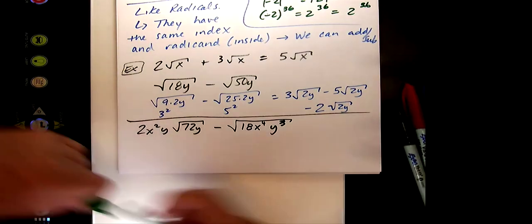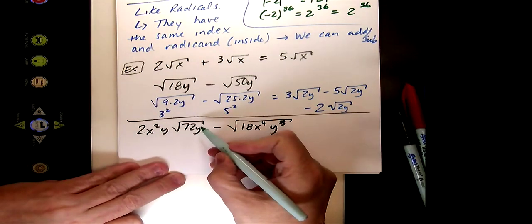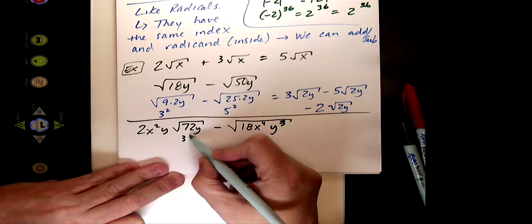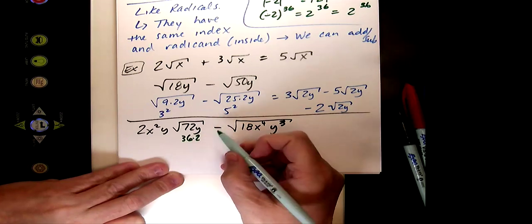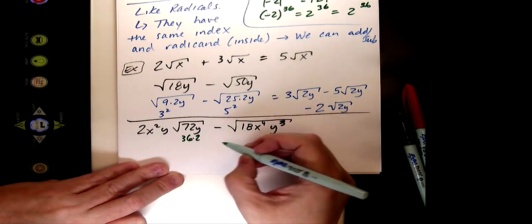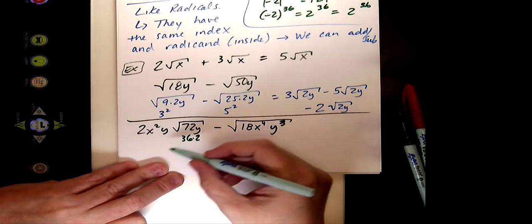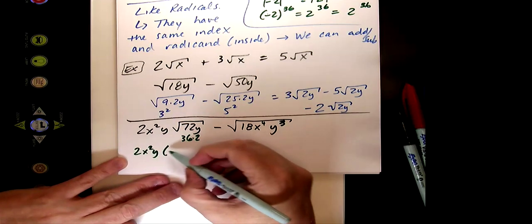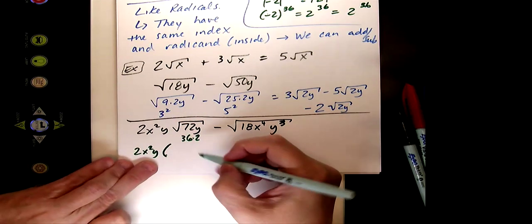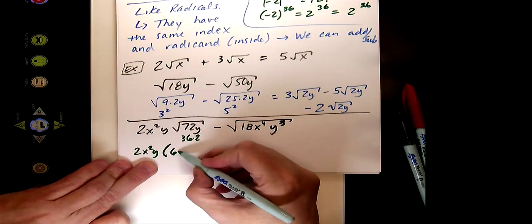All right, so this is 36 times 2. You may not recognize that; you may have done 9 times 8. But that part should simplify. I'm going to keep it separate from the 2x squared y real quick. 6 times the square root of 2y.